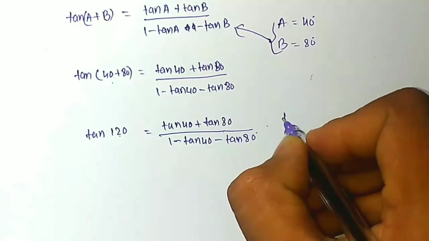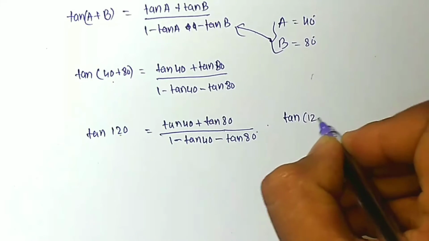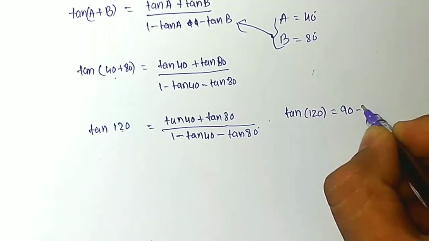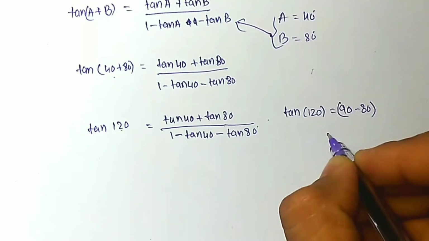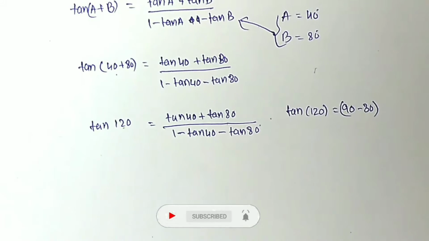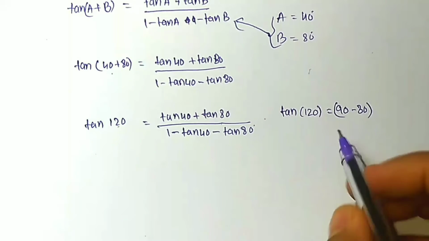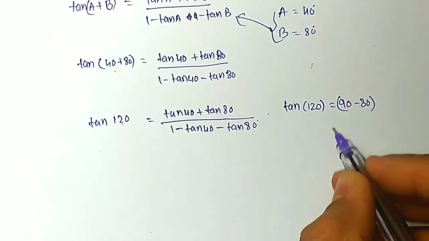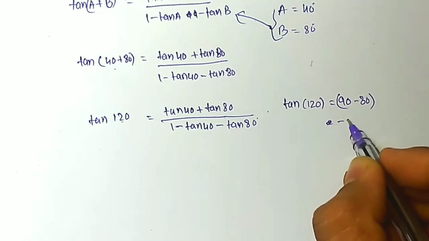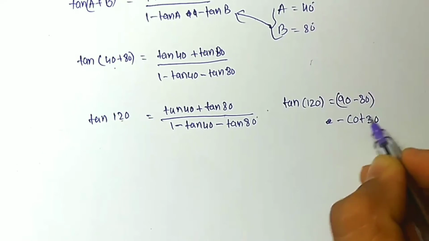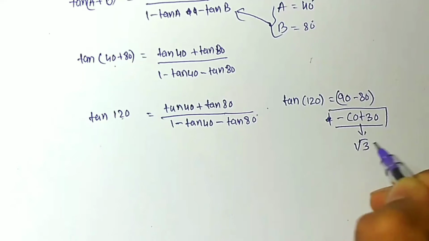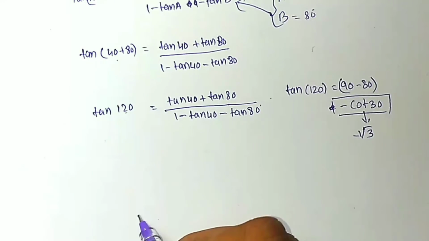Here tan 120 can be written as tan of 180 minus 60, equals, in the second quadrant the tan will be negative, so it will be written as minus tan 60. The tan 60 value is root 3, minus root 3.